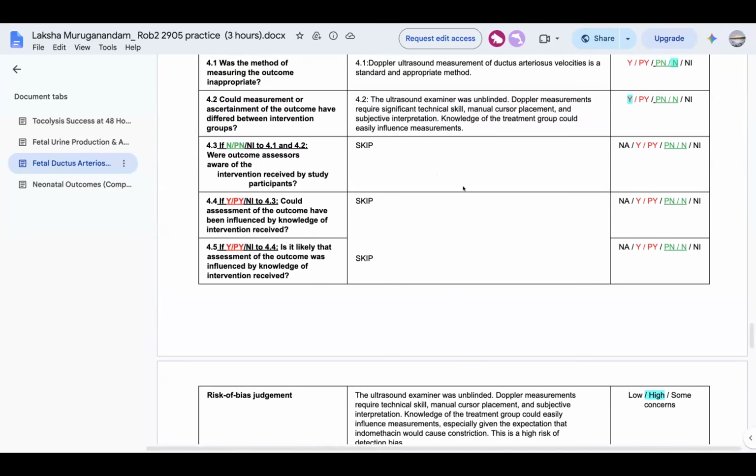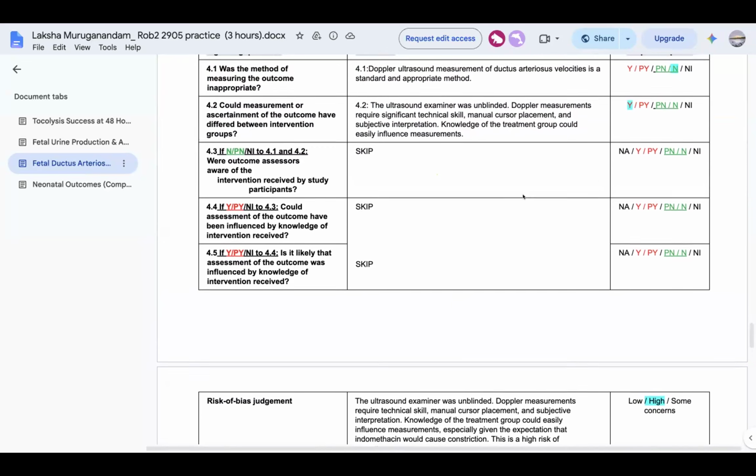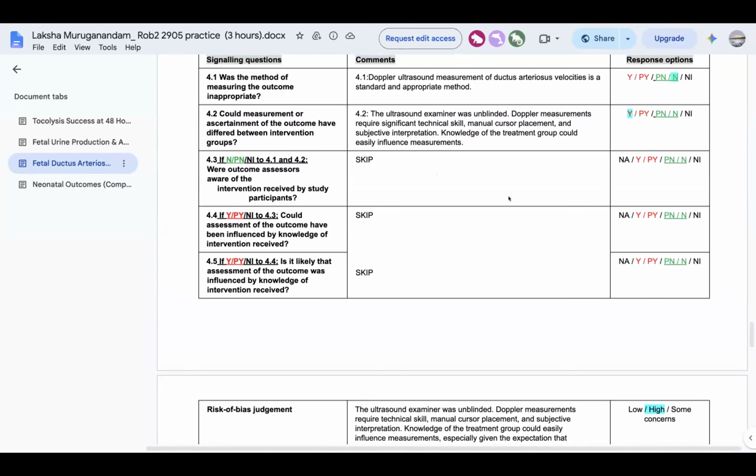Would that mean 4.2 would be no, but then 4.3 could potentially be yes? No, I feel like 4.2 could be yes or could be no.